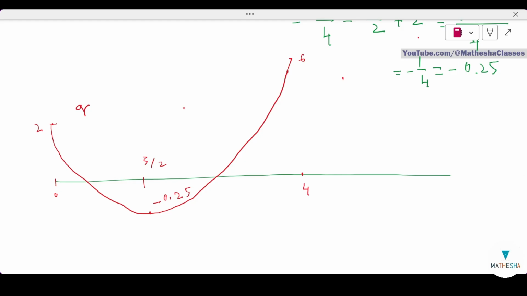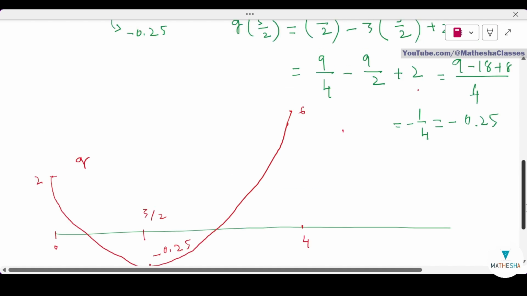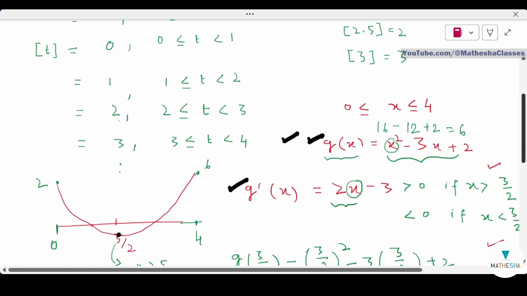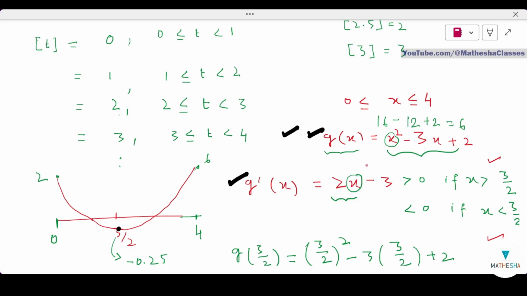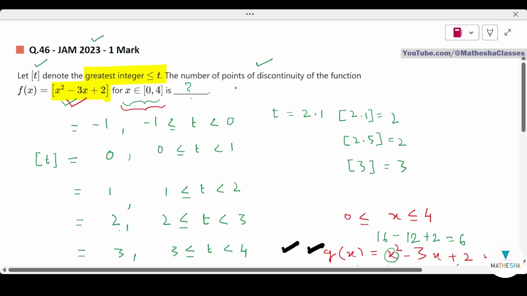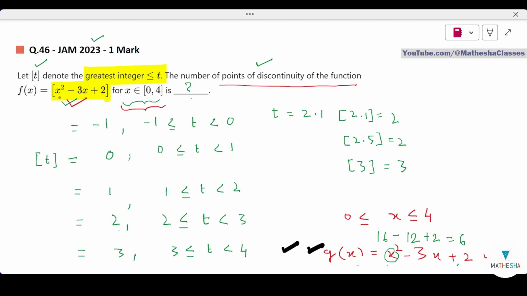Okay, so what are you supposed to find out? You have to find out the number of point of discontinuities of box of gx, because gx is x square minus 3x plus 2, and you have been asked to find the number of point of discontinuities of the function box of gx.